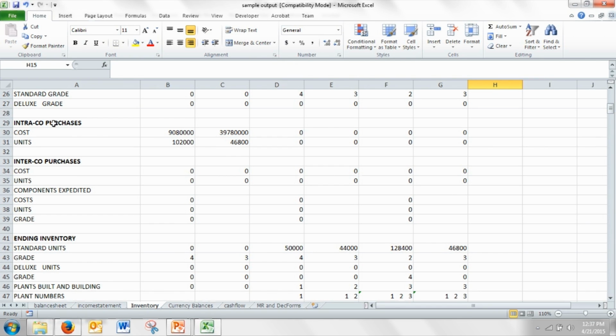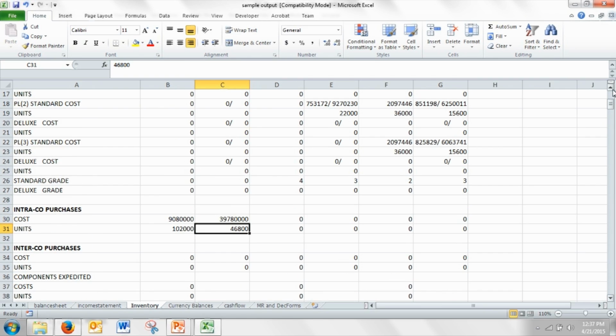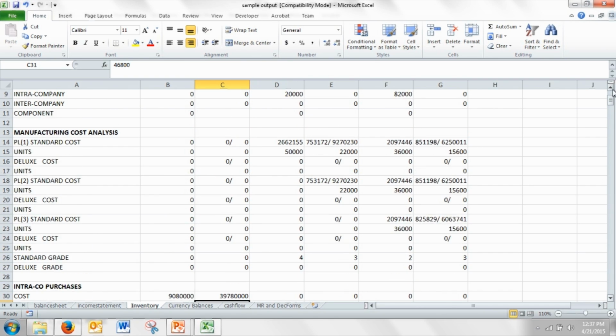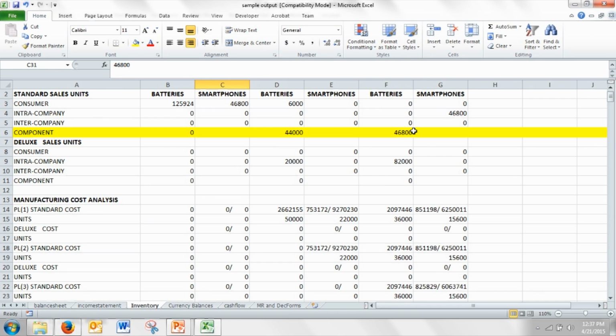Okay. As you scroll down through this sheet, you can see intra-company purchases. So these are things that you have purchased yourself from other areas. So it looks like you purchased 102,000 units of batteries and 46,000 units of smartphones, and I would say those probably came from China.